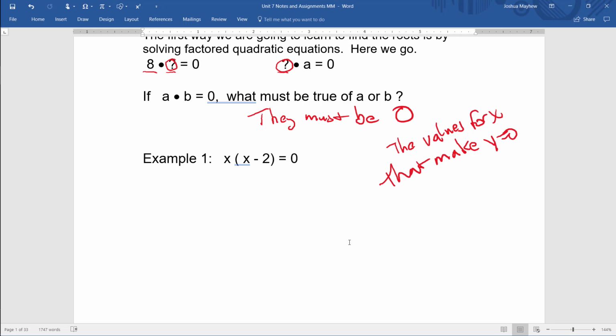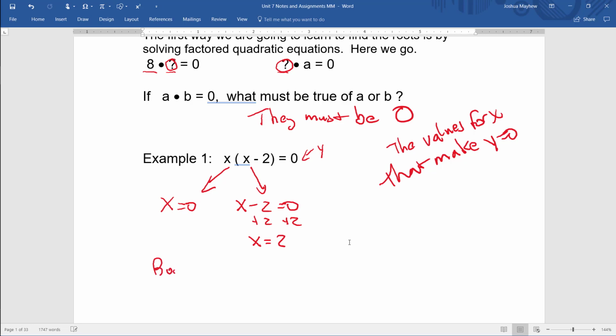So look at example 1. We have x, and in parentheses, x minus 2 equals 0. So we want to know what values for x will make this y equal 0. Well, take your factors, since it is in factored form, and set each one of them equal to 0. If I set x equal to 0, it's x equals 0. Then x minus 2 equals 0. I would add 2 to both sides to solve, and it would be x equals 2.